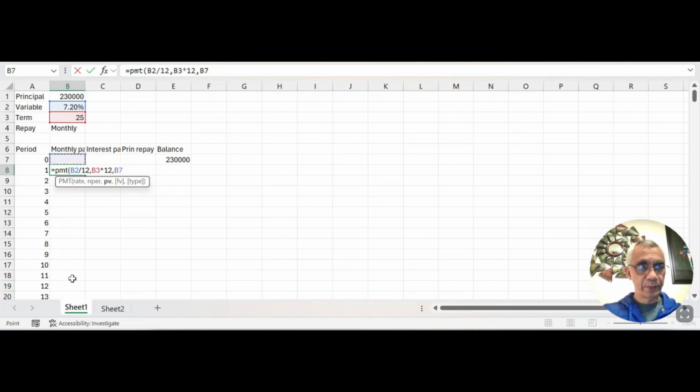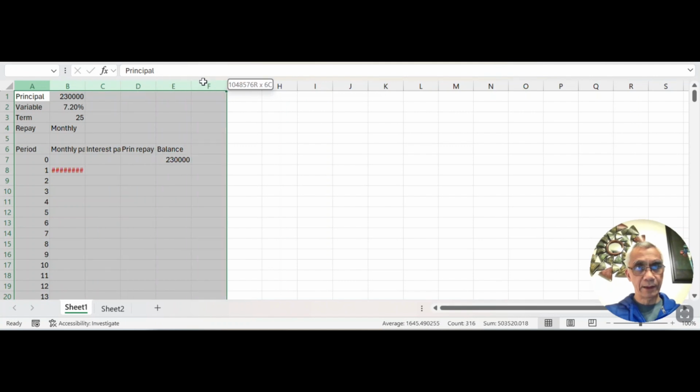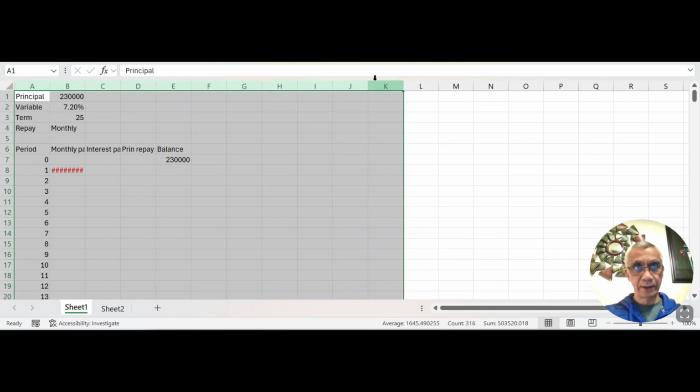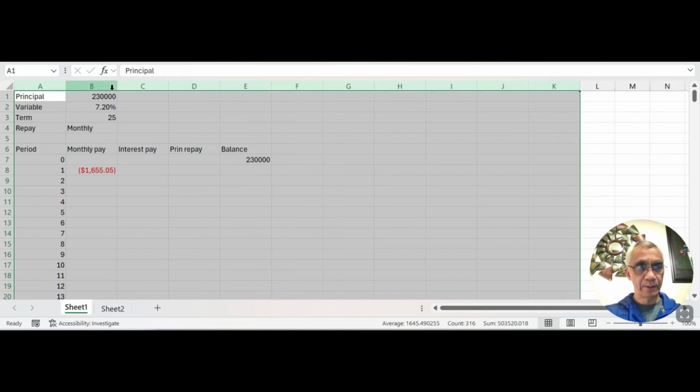Then the principal value or present value is that. Okay, let us expand the width of this to something like maybe that. A little more.